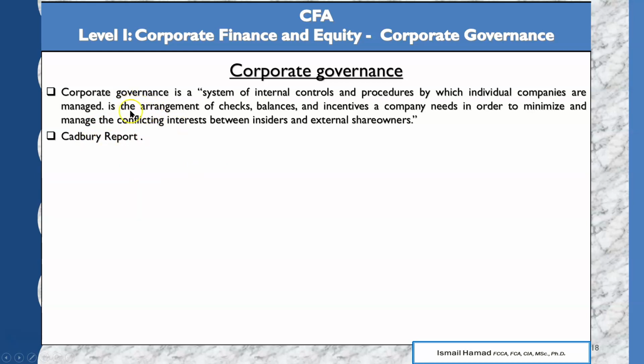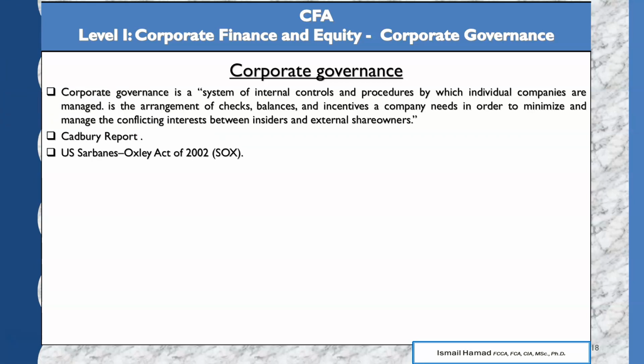That report actually focused on the responsibility of the company's board of directors, shareholders, and auditors. It enumerates all the responsibilities of the shareholders, of the managers, board of directors, and also the auditors. But its emphasis is mainly on shareholders, that the shareholders are the main stakeholder.